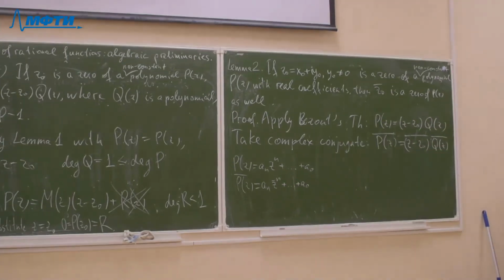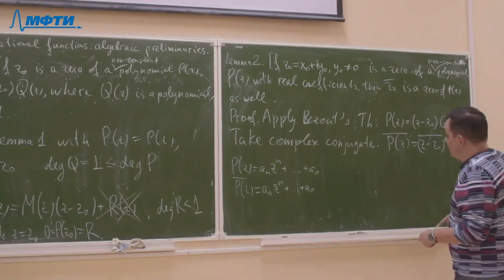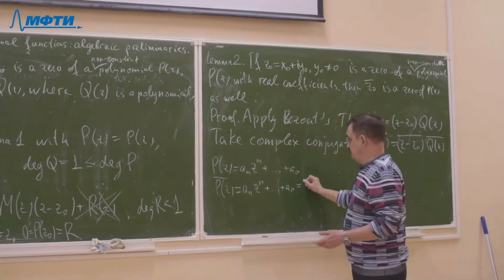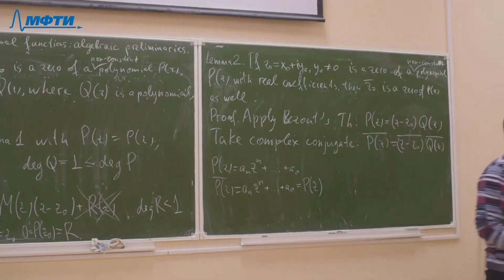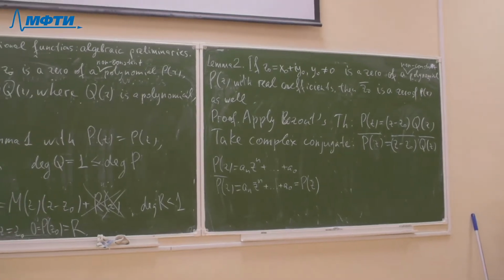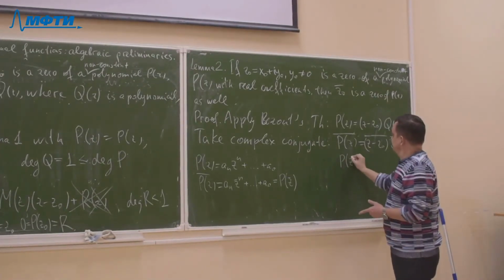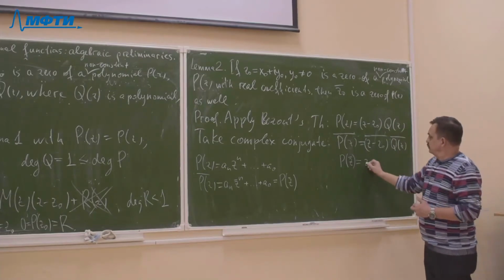Only variable z. So what we obtain, I can write it as just p of z bar. So we just substitute into polynomial p, instead of z, we substitute z conjugate. So let me rewrite it now. P of z conjugate equals, here I can write also like that.